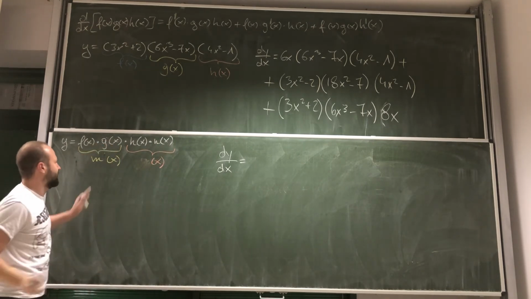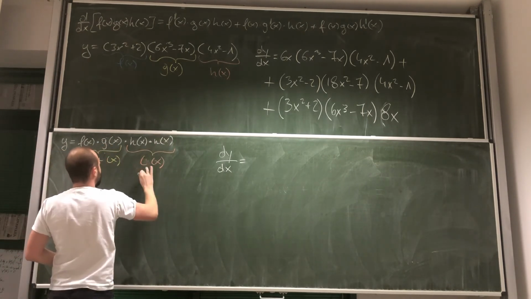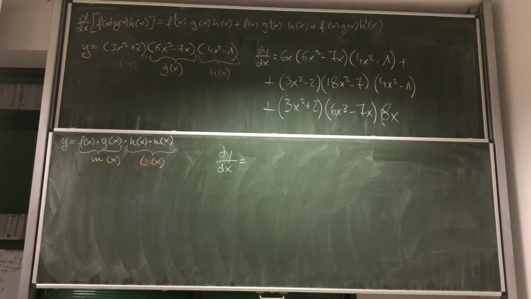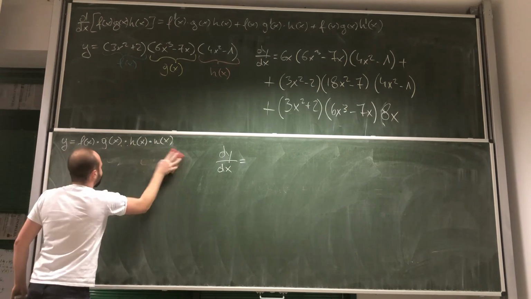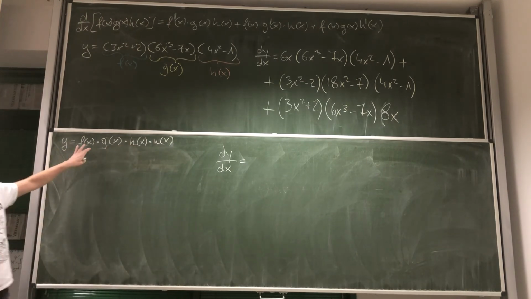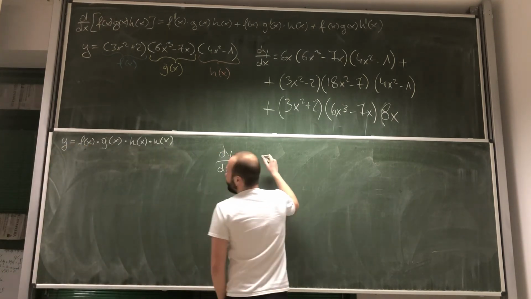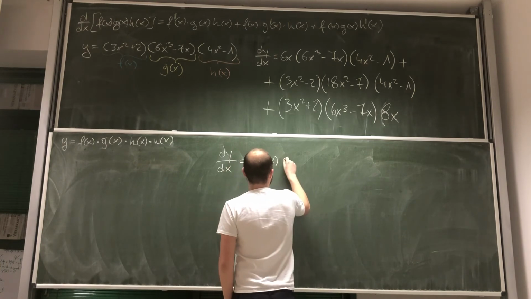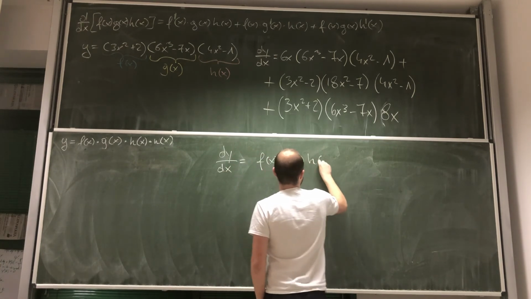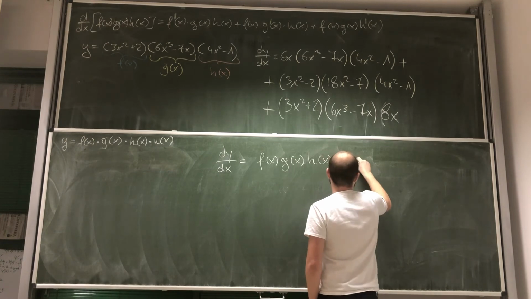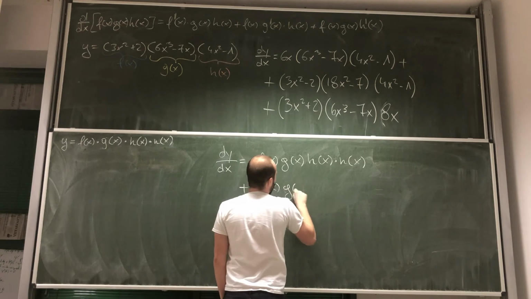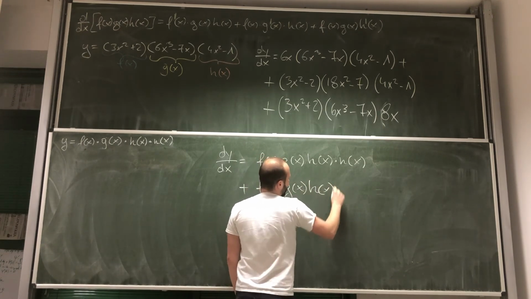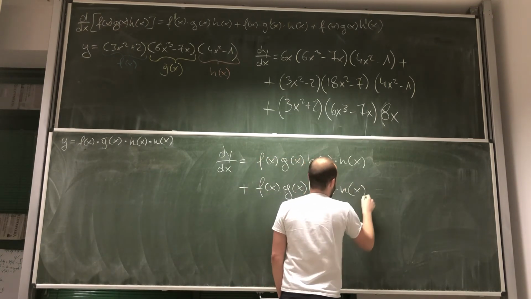In this case, look, what would we have? We would just simply have to take this and rewrite it. So what we've got now are 4 different functions, right? Let's rewrite them over here 4 times. f of x times g of x times h of x times n of x plus f of x times g of x times h of x times n of x.